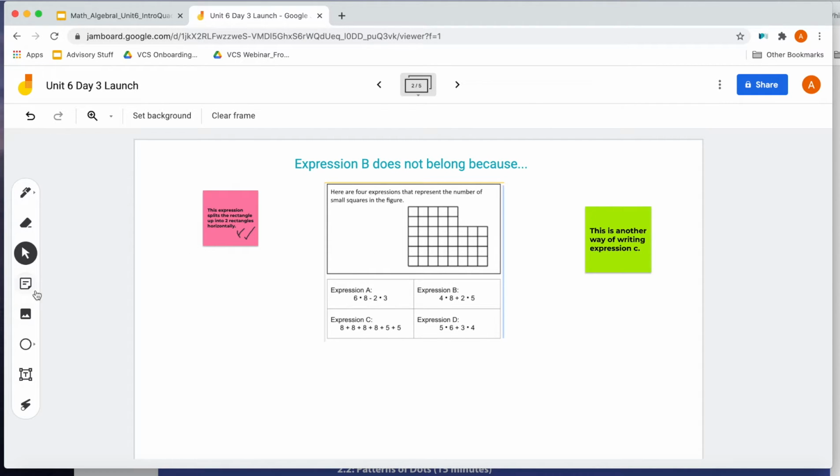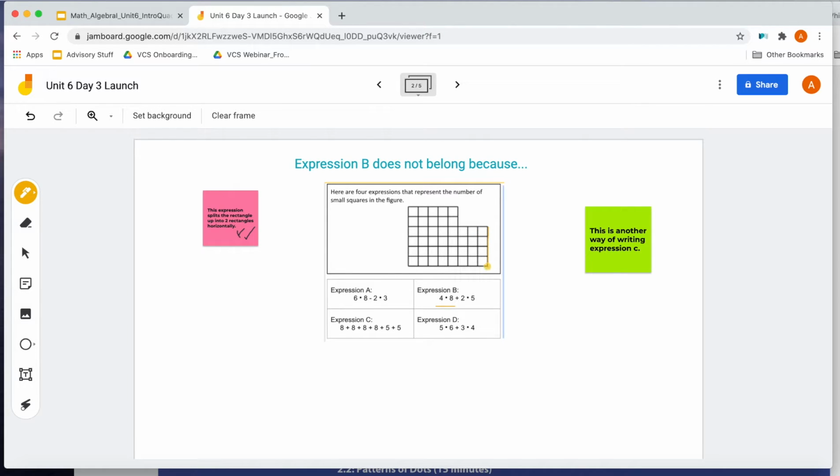What do you mean by horizontally? Okay, well, we can grab the pen and we can either have a student annotate or we can annotate for them while they speak. And we're seeing that 4 times 8 is 1, 2, 3, 4, 5, 6, that's 6. 1, 2, 3, 4, 5, 6, 7, 8 times 1, 2, 3, 4.